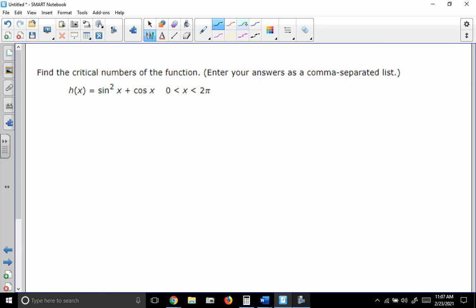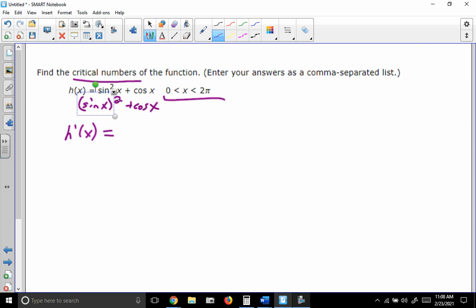So the next question asks us to find the critical numbers for this function over the interval from 0 to 2 pi. So to get the critical numbers, we need to take the derivative. Well, our function sine squared x is best interpreted as sine of x, squared.